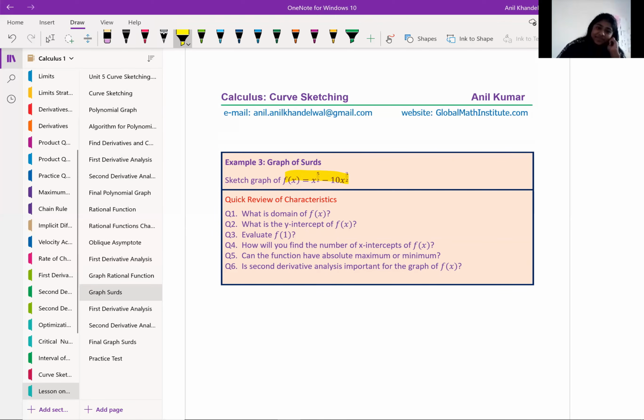f of x equals x to the power of 5 over 2 minus 10 times x to the power of 3 over 2. Now, when you're looking at radical functions, in that case, the domain is very important since the domain is restricted, right? Most of the time with a square root, we cannot have negative numbers, only something positive, right? So that gives you one end or the boundary of our function. Now, when you get something at the boundary, at that particular point, we cannot analyze from both sides because it is just one end of it, correct?